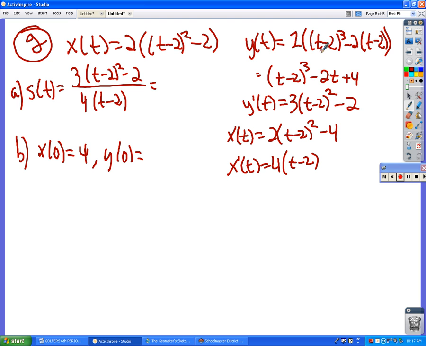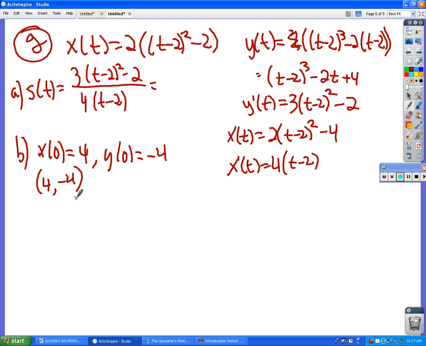Oh, so that'll be negative 4, so this would be negative 8. That's going to be 0 plus 4, so it's negative 4. So that means P of 0 is 4, negative 4. Is that a point on the graph? Yeah, that's one of the points we found before.